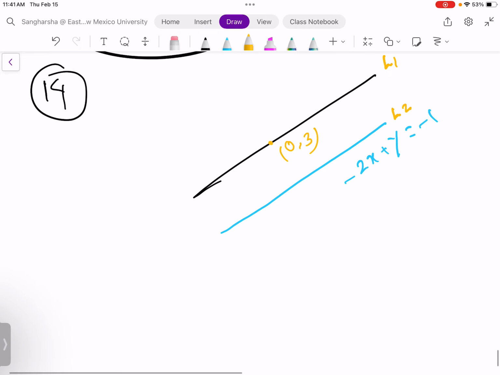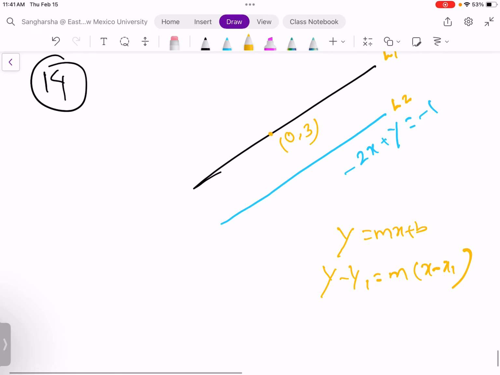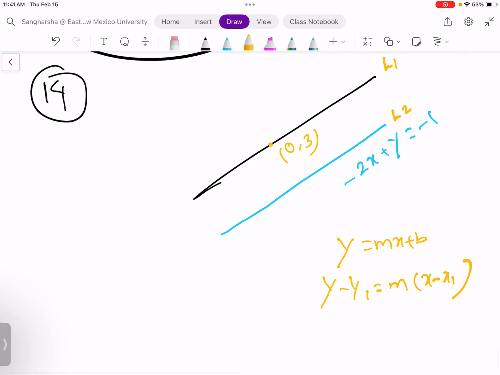Since you are asked to find the equation, we have two options: slope-intercept form or point-slope form. So we have the option y equals mx plus b, and the other option is y minus y1 equals m times x minus x1. In both cases we need the slope of the line, which we don't know.